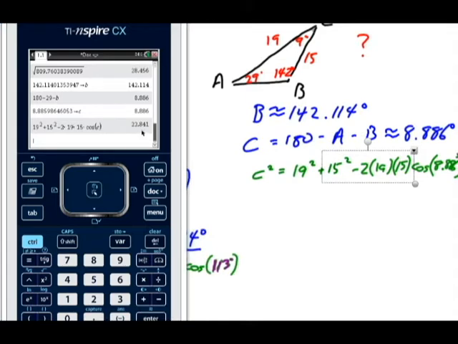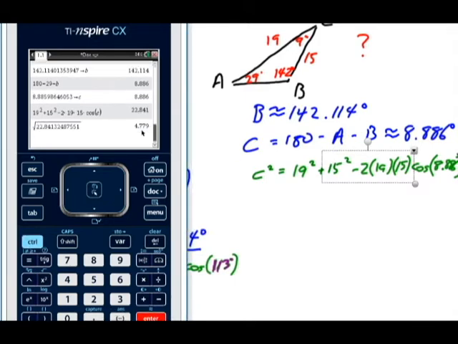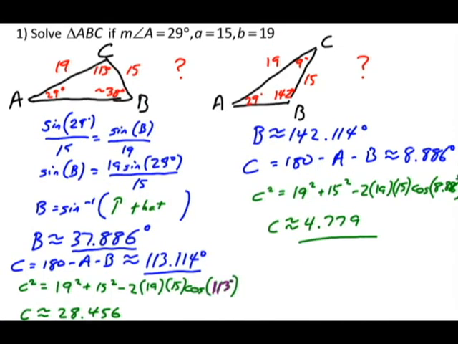While this might look like a reasonable number, don't forget, side C is opposite a 9-degree angle. It's going to be tiny compared to these two. Do not forget to square root this. And we're done with that problem.